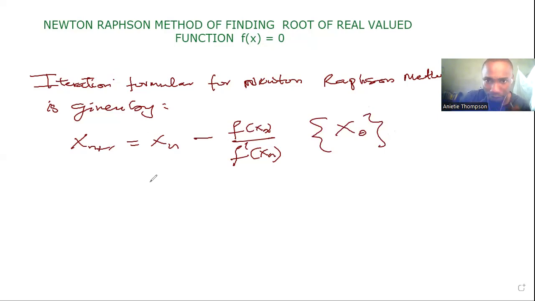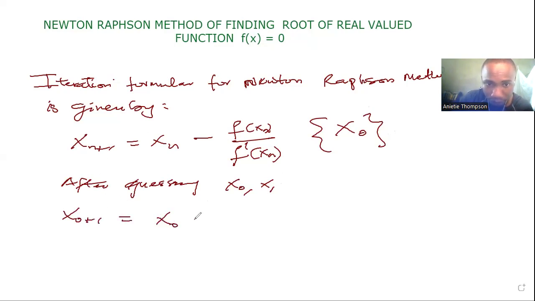So, for example, how do we use this? After guessing x naught, the next value you're supposed to find is x1. That means x_{0+1}, I'm trying to show you how to apply the formula, will be equal to x naught minus the functional value of x naught all over the derivative value at x naught. So that's how to use it.